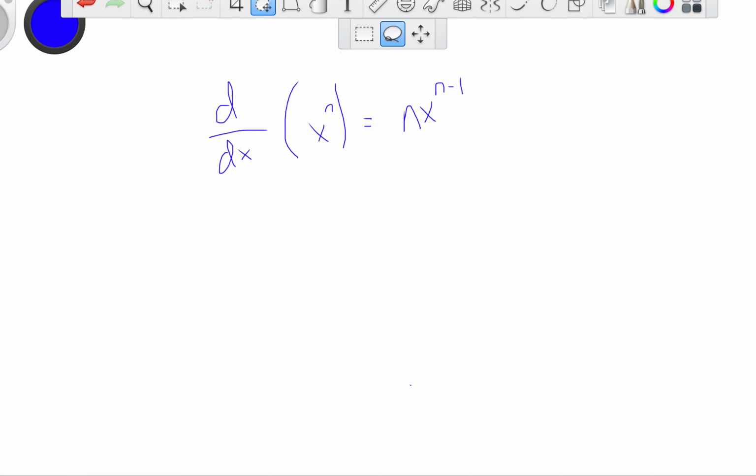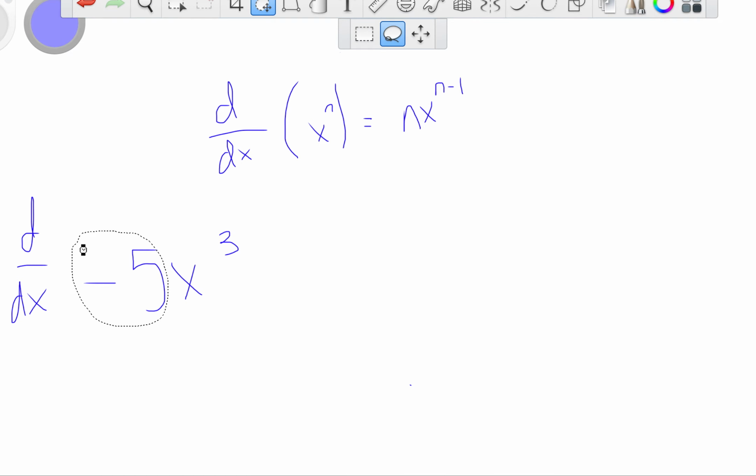So now let's take a look at this guy. Negative 5x to the negative 3rd, dx. You know what? Let's make this a little bit trickier. I'm going to eradicate this negative 5, in the numerator, at least.